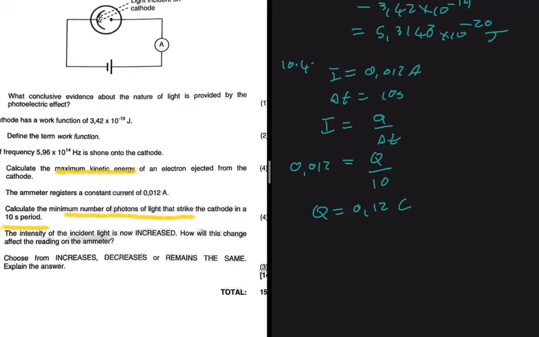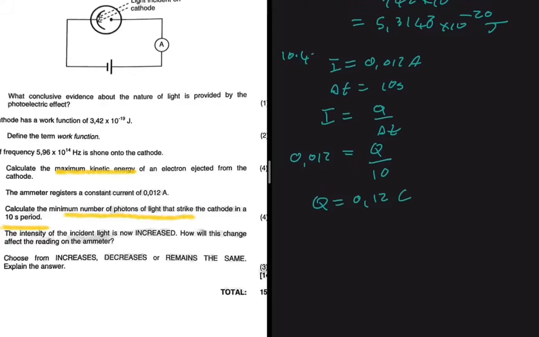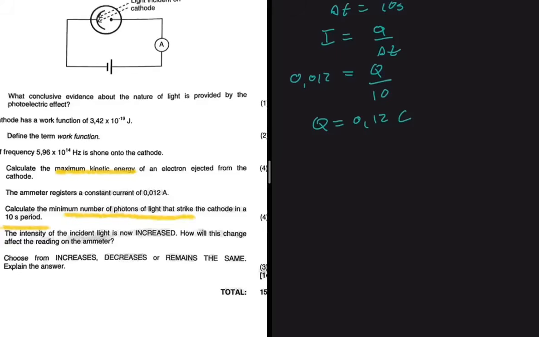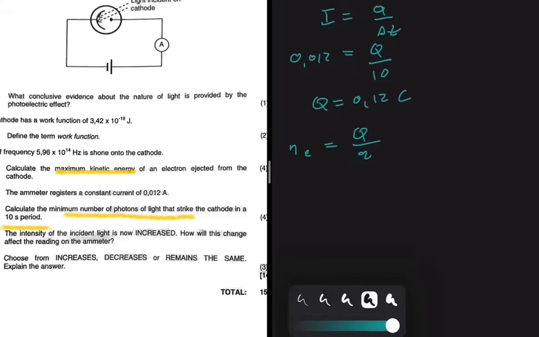So how do we calculate the number of electrons from the charge, right? You say that the number of electrons will be equal to the charge divided by the charge of an electron, right? So let's just put small letter q there. So if we do that computation, we're going to get 0.12 divided by the charge of an electron. So what is the charge of an electron?